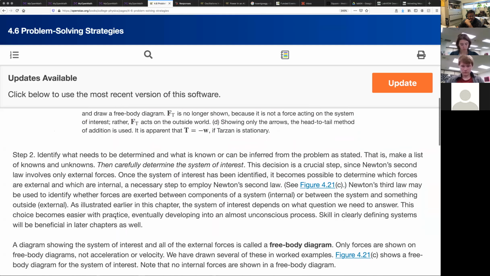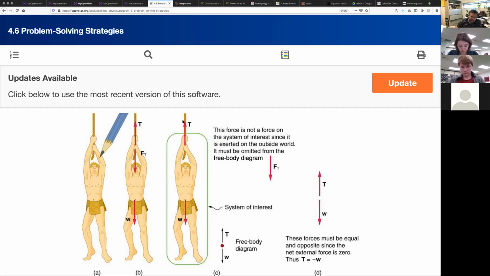Then we define our system of interest, and we only include the forces that are acting on that system. So the tension is pulling up on Tarzan, and weight is pulling down on Tarzan. We don't include the force of Tarzan pulling on the rope because the rope is not the system of interest. We throw that one out.